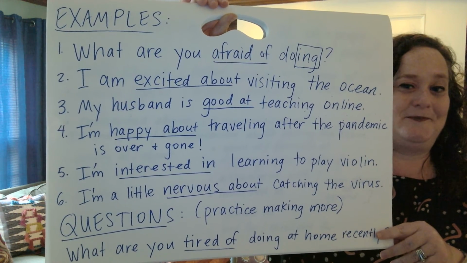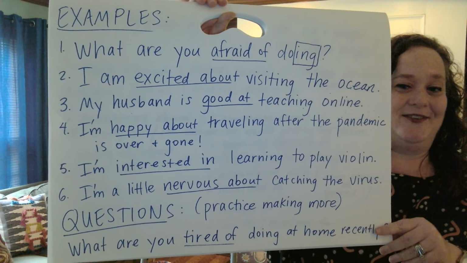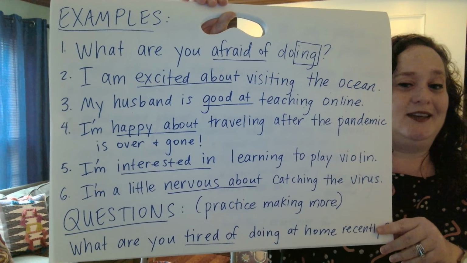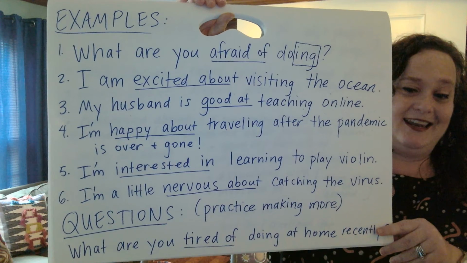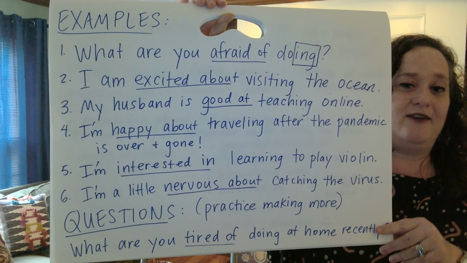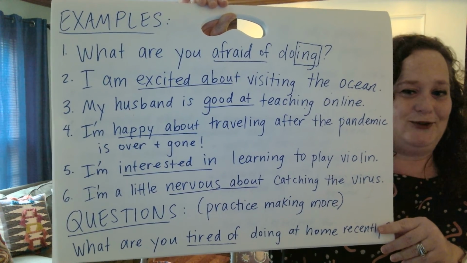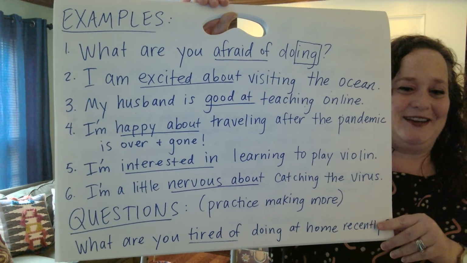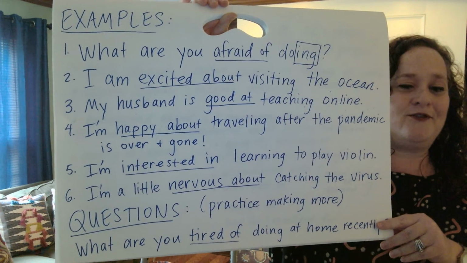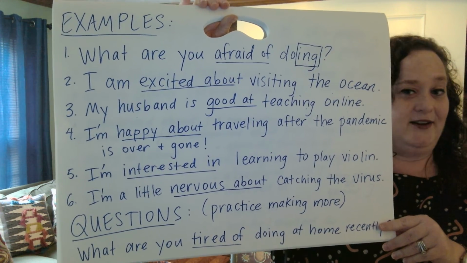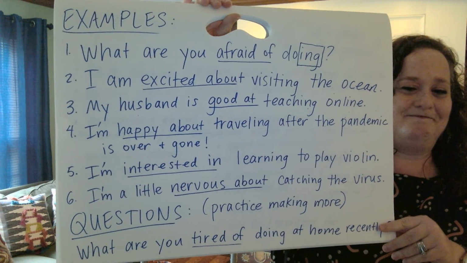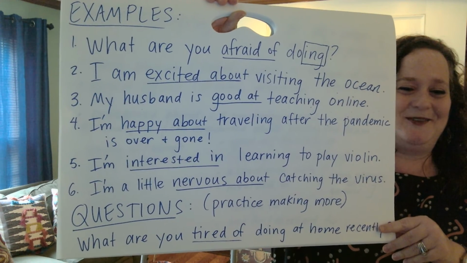How about you? Number 5, I'm interested in learning to play violin. This is true. And number 6, I'm a little nervous about catching the virus. Just a little bit, if I'm honest.